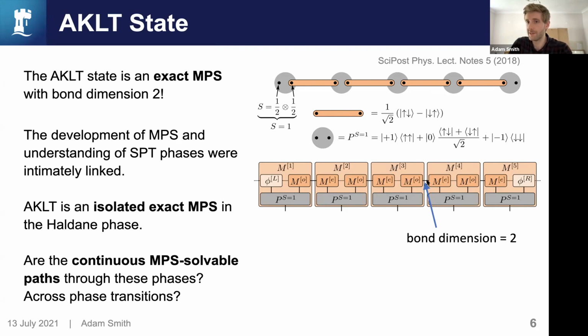And now this bond dimension 2 comes out just from these singlets connecting these spins. Okay. And actually, historically, the development of MPS and SPT phases was quite closely linked. And a lot of the properties of SPT phases were made a lot clearer by analyzing the matrix product states.